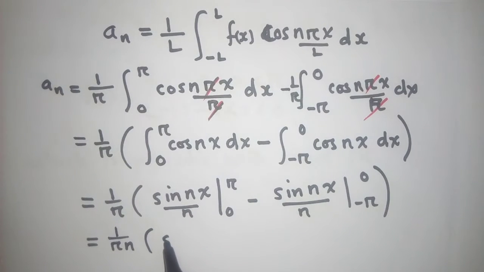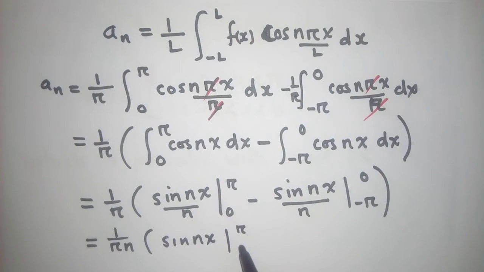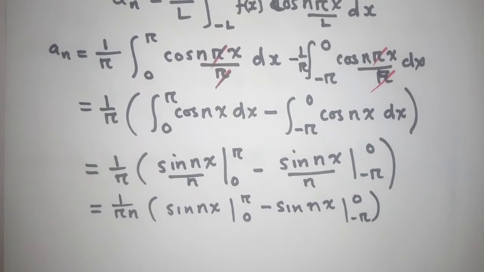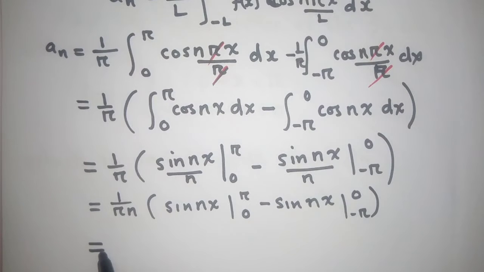We have sine(nx) over pi, limits from 0 to pi. Even here, limits from negative pi to 0. So at this point, we plug in the limits.